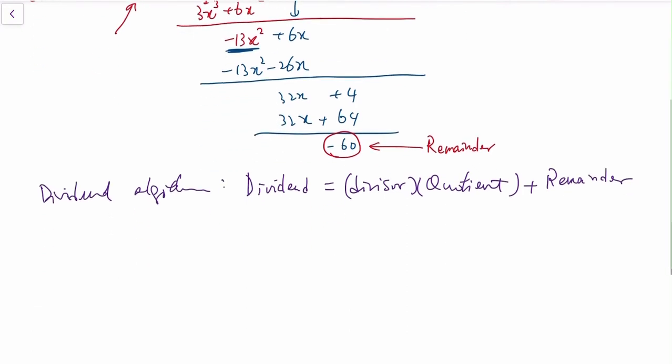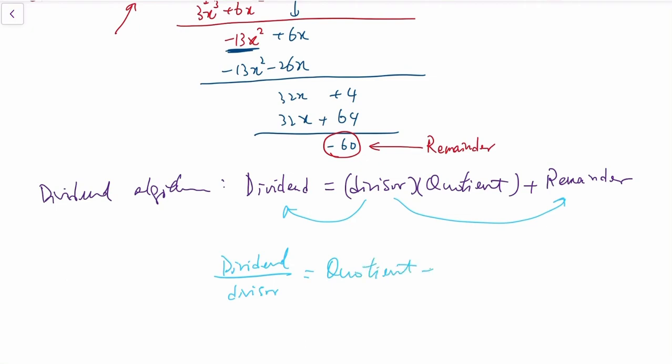Another way of saying the same thing would be dividing by the divisor on both sides. So you end up having the dividend over the divisor equal to the quotient plus the remainder over the divisor. This is also a useful form.